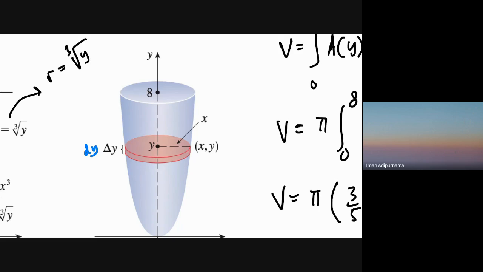We are basically integrating between the endpoints, and the function will be the area as a function of the variable, for this one a variable of y, multiplied by the height dy. So it can be dy or it can be dx. It depends on the curve, depends on the shape, right?